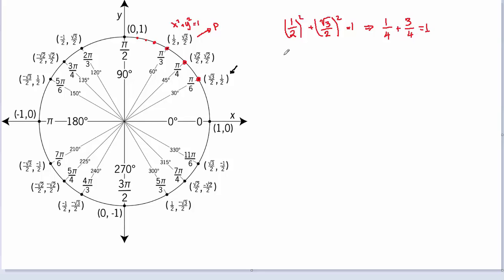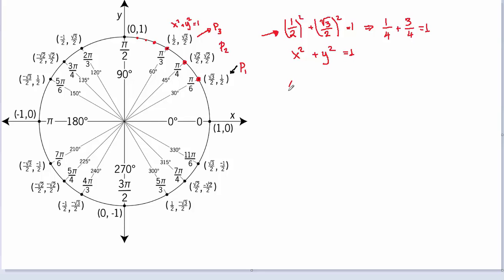If you try to verify each one of these points, let's call them P1, P2, P3, you will get exactly the same proof. Basically, the sum of x squared plus y squared for each one of these points is equal to 1.